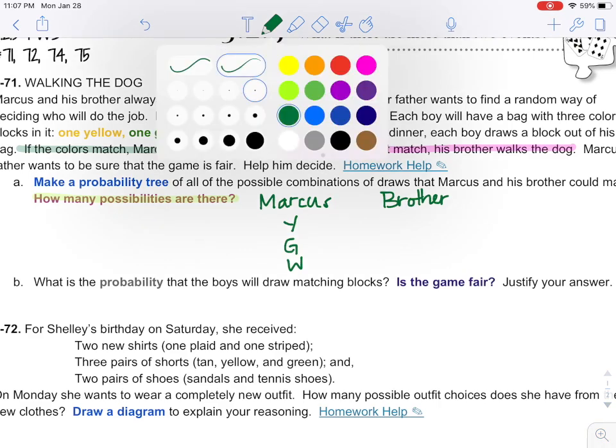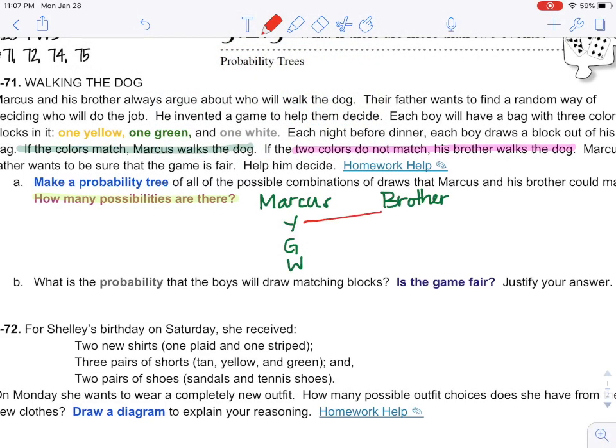So if we were to branch this out and create a tree diagram, it would look something like this. The reason I drew 3 branches is because his brother has 3 choices for the blocks in his bag, and they are the same as Marcus's: yellow, green, and white. And if Marcus draws a green, his brother still has the same possible chances of drawing yellow, green, and white.